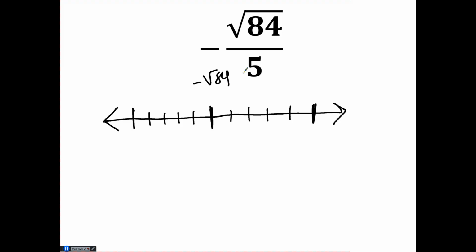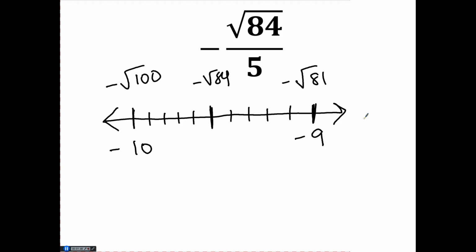After 84 is 85, 86, 87, 88, 89, and you go all the way to 100. So the negative square root of 100 is negative 10. And to the right of that, since lesser negatives are right, is the negative square root of 81, which is negative 9.